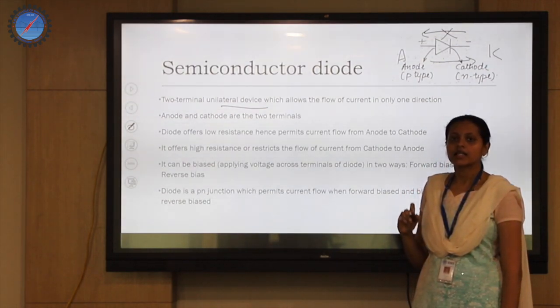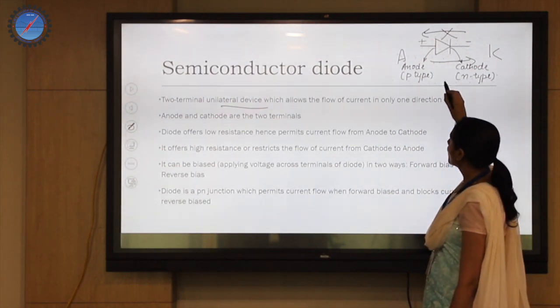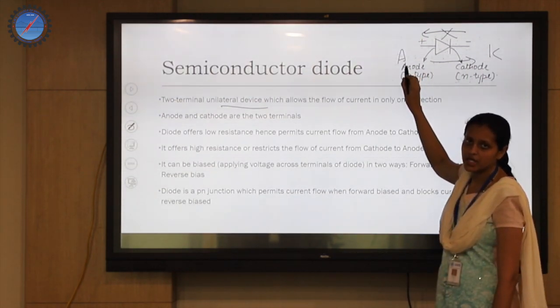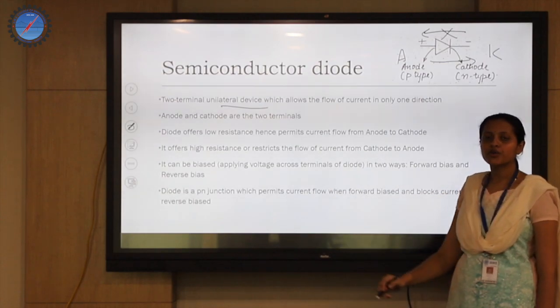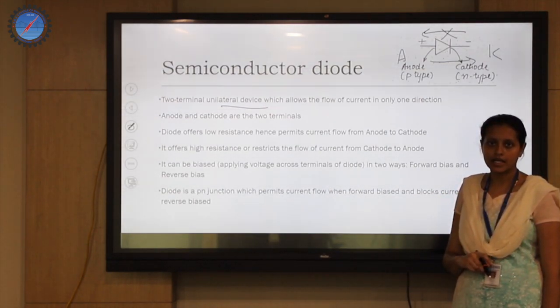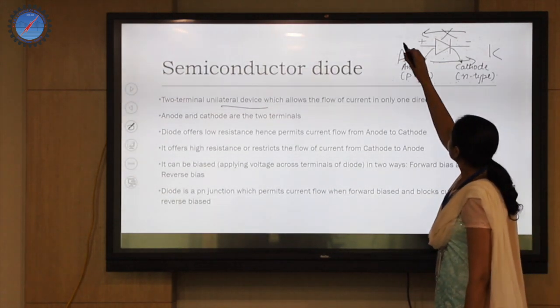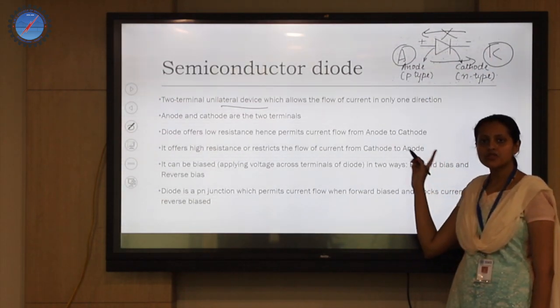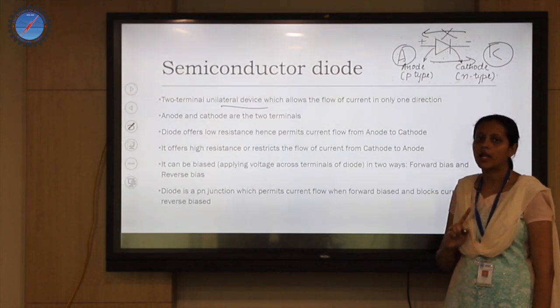Unilateral means the diode allows the flow of current only in one direction. It opposes the flow of current in the opposite direction. The main point to remember or take away from this slide is that the current flows from anode to cathode, and the opposite way of current flow is not allowed.